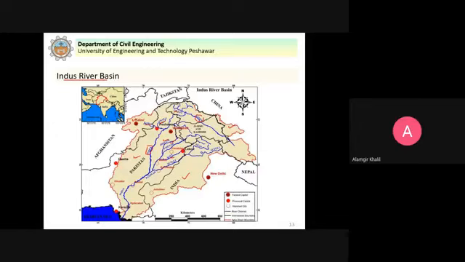The Beas River joins the Sutlej River, and then the Sutlej, the Ravi and others join the Indus again. Finally, the Indus River drains into the Arabian Sea. That is why this is known as the Indus River Basin. Just like you studied in your hydrology course, it means that within this red boundary, anywhere there is rainfall, it will contribute water to the outlet here.